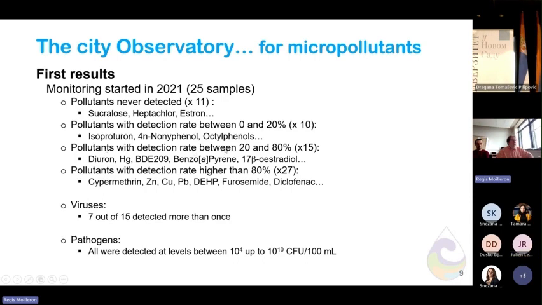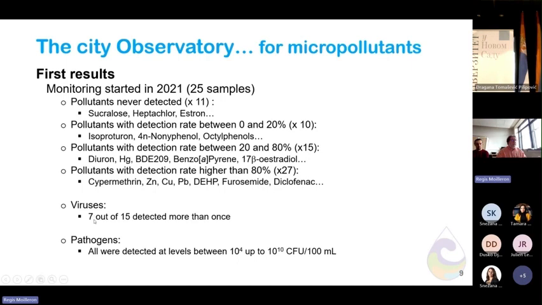Some other pollutants were observed at a rate between 20 and 80% for 15 of them: a pesticide, mercury, a flame retardant, and 17-beta estradiol. And some pollutants were detected at a rate higher than 80% for 27 of them, cypermethrin, zinc, copper, etc.